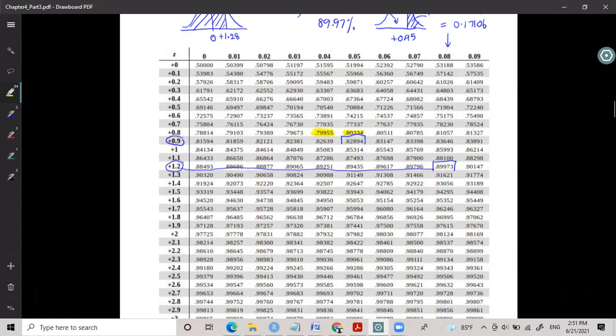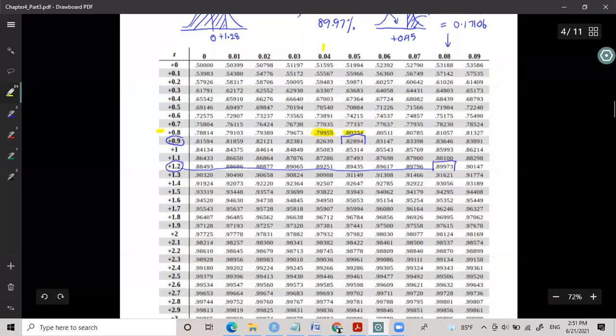Now, if you look at the closest value, it will be 0.7995, only 45 point deviation, but this one has 234 deviation. Therefore, the closest is 0.7995. Therefore, the Z score will be 0.84. Is this correct? Is this clear to all of you? Okay. So let's use it.